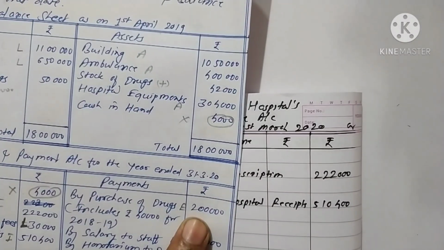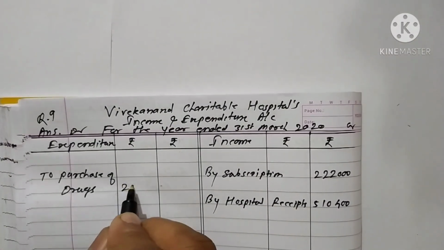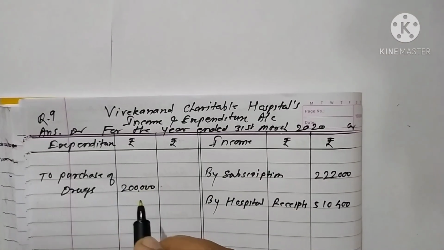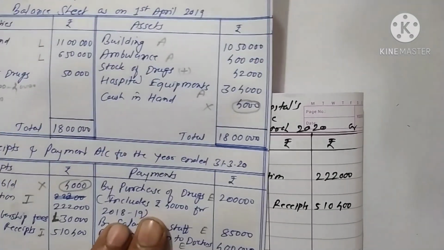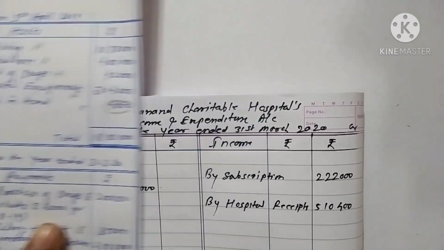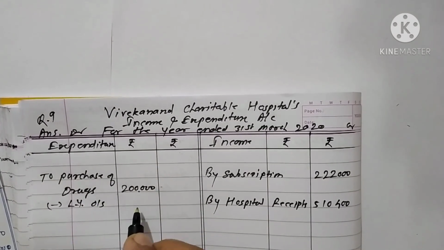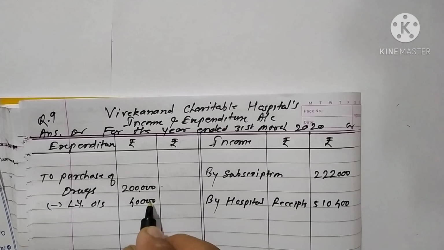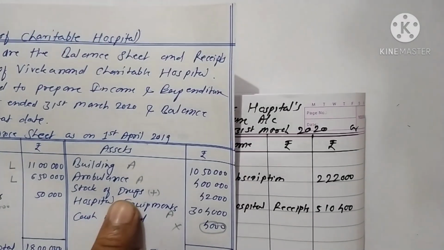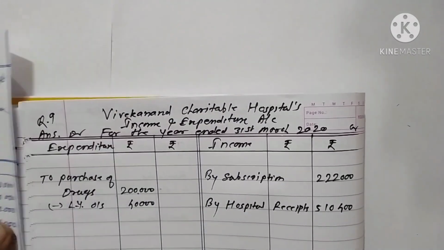Rupees 2 lakhs. From this one, we have to subtract last year's outstanding Rs 40,000. Again, we have to add the opening stock of drugs, 40,000, making 2,42,000.